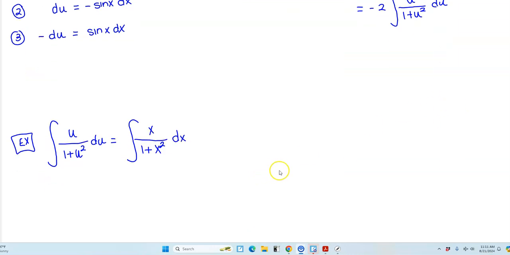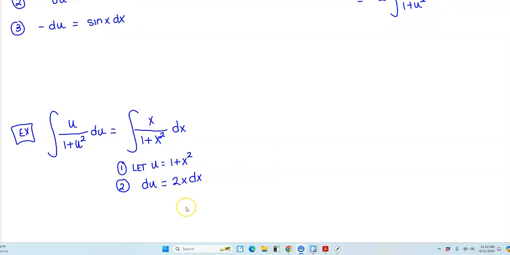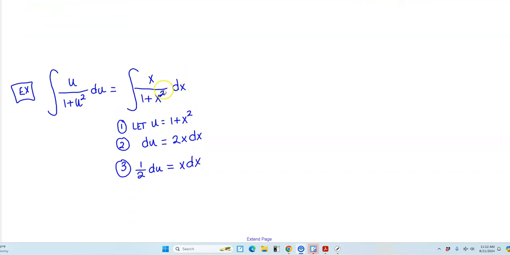Just like we've done in the past, we would substitute. We would let u equal 1 plus x squared, take the derivative to get 2x dx, and divide both sides by 2, so that 1/2 du equals x dx. And that's what we get over here.